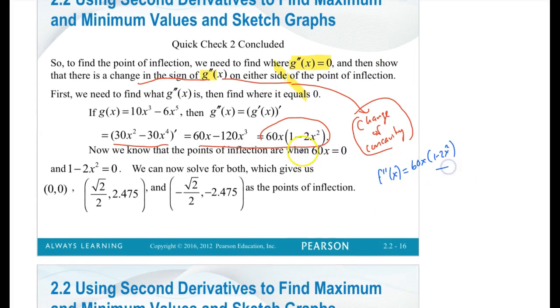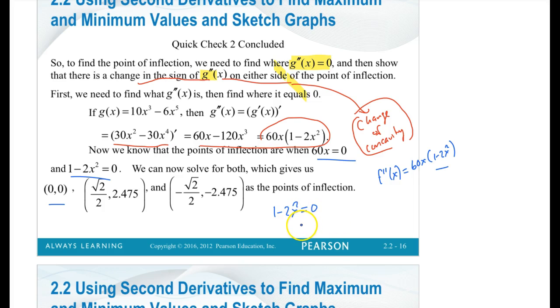Now what you do is you set each of those pieces equal to 0, and then you find new critical values. This one here gives you these weird numbers, square root of 2 over 2, and that comes from 1 - 2x² = 0.